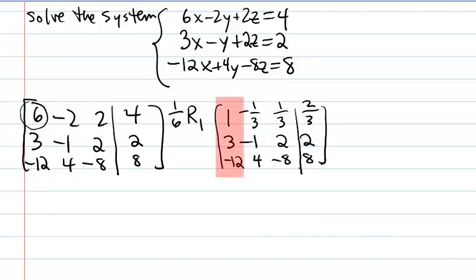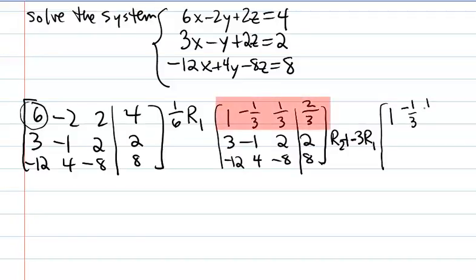Next, I want to make zeros below that pivot. I'm going to take row 2 plus -3 row 1. That'll make the 0 in the second row. So 1, -1/3, 1/3, 2/3. There's my matrix.